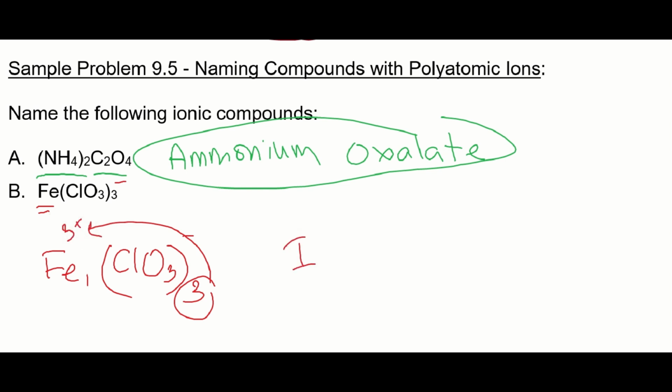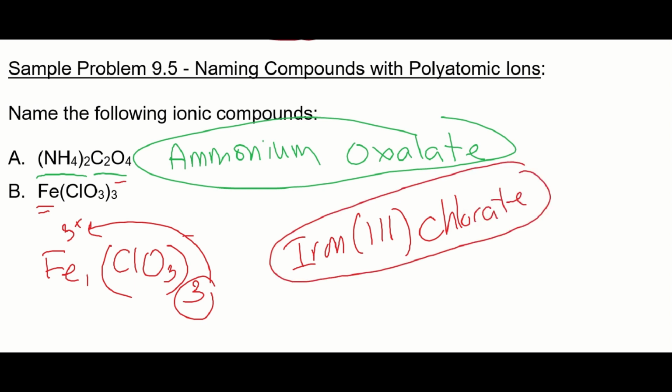So this is going to be iron 3 chlorate. And again, if you don't see that, you can do trial and error and try iron 1, iron 2, iron 3, iron 4, and then you'll see only iron 3 will give you the formula that the problem gives you.